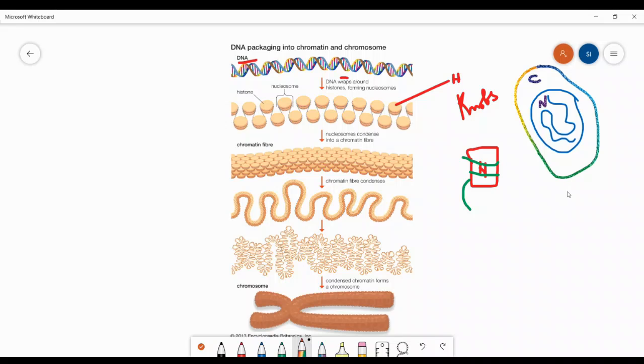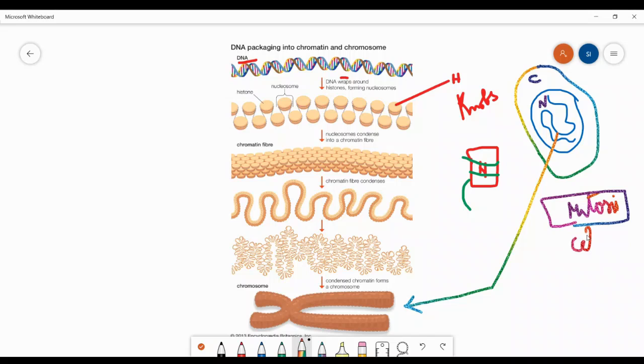But when it goes into cell division, before cell division or mitosis starts, the nuclear material starts forming chromosomes. And after chromosomes are formed, mitosis will start and the cell will divide.